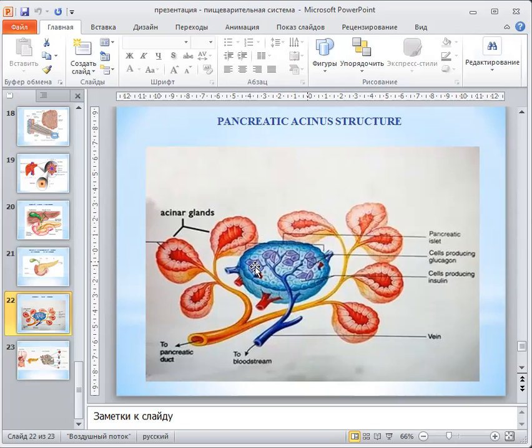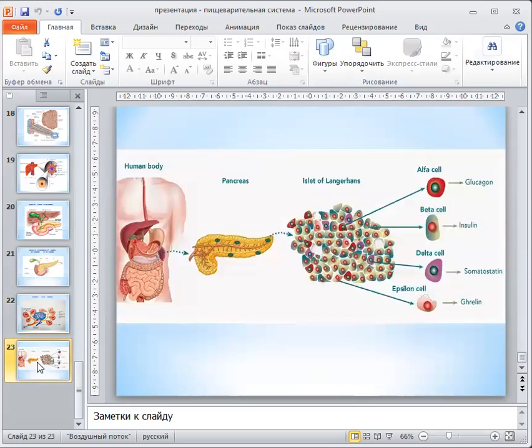Islets of Langerhans are a set of cells, islet cells, which are located near the blood capillaries. The islet cells excrete hormones directly into the blood. Depending on the hormones, there are the following islet cells.